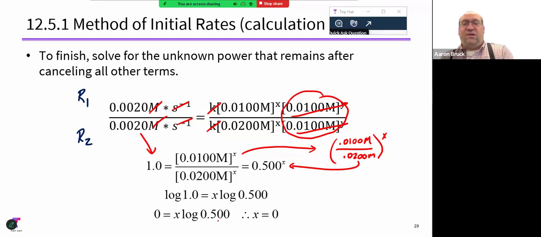Well, in this case, it really doesn't matter. The only way that you get 0 out of that is if x is equal to 0. And so we calculate that x is equal to 0. We would then say that A is 0 order.